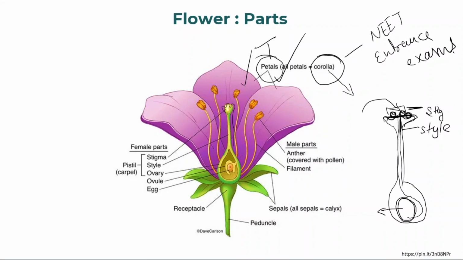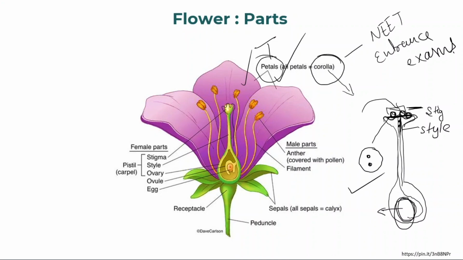If you zoom in on a pollen grain, it carries two male gametes inside it. The whole pollen grain doesn't get inside the ovary. It releases its two male gametes into the style and they reach the ovary. Okay, we will be discussing it later.